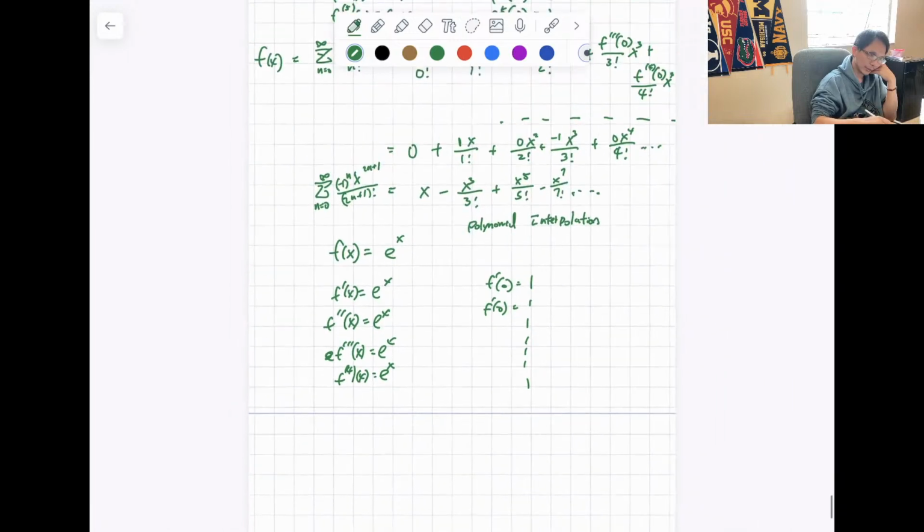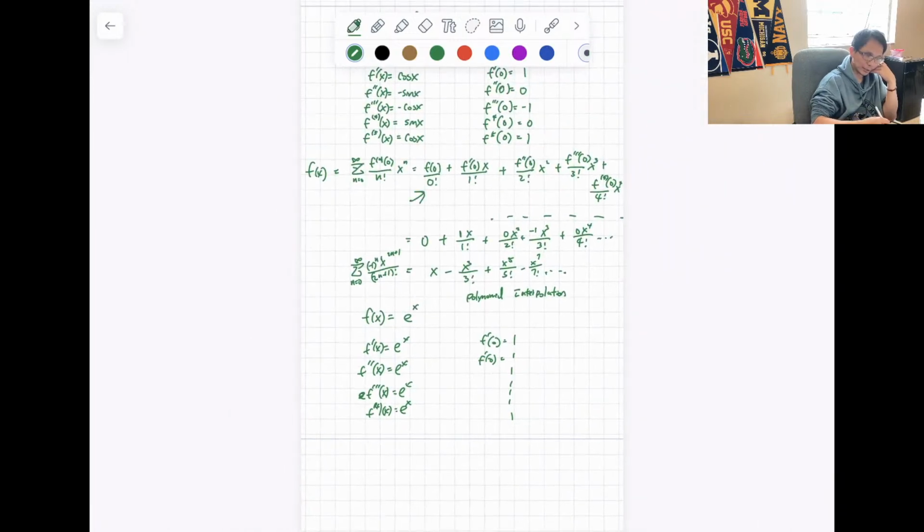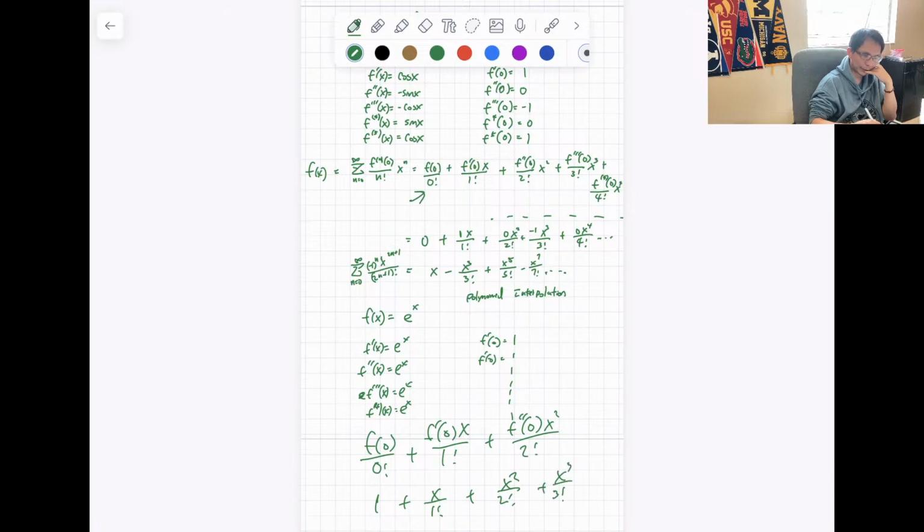So then I'm going to plug into this form. f of 0 over 0 factorial is 1, plus f prime of 0 x over 1 factorial, plus f double prime of 0 x squared over 2 factorial, plus x cubed over 3 factorial, plus x to the 4 over 4 factorial.